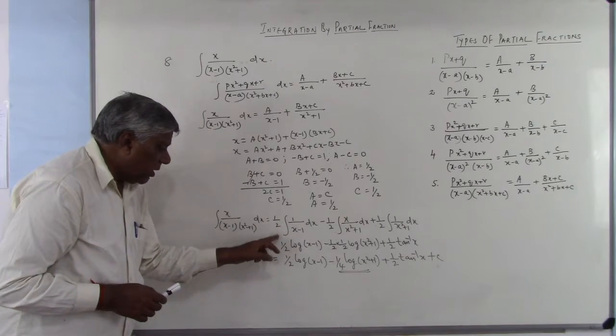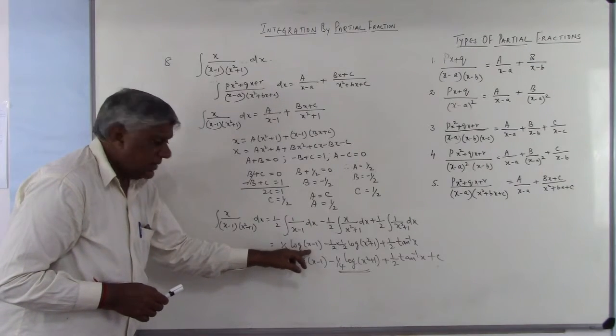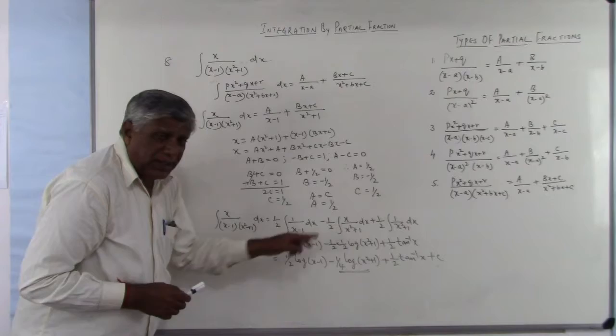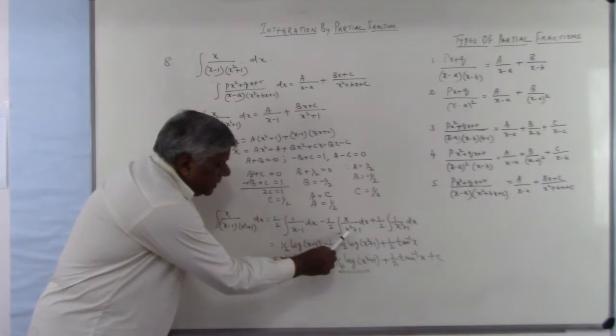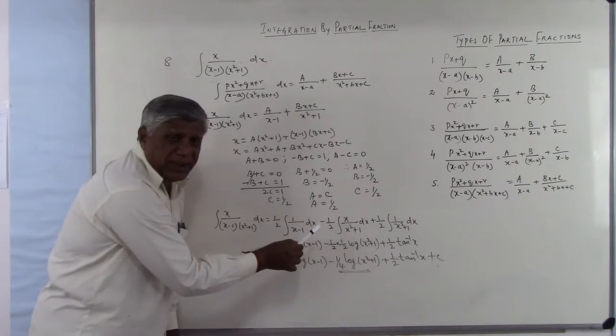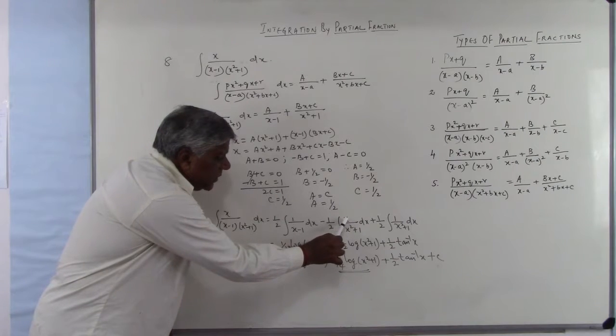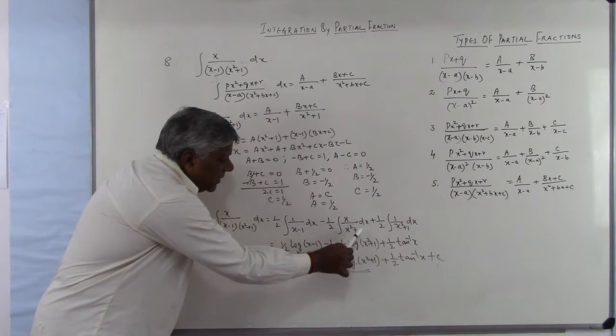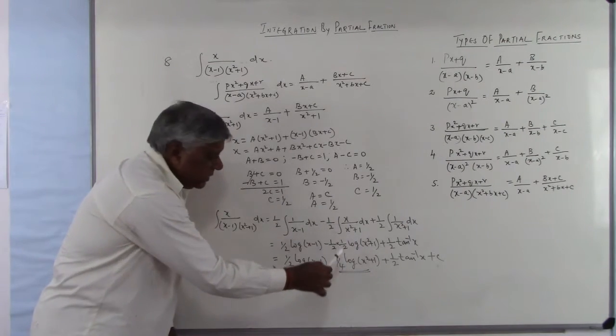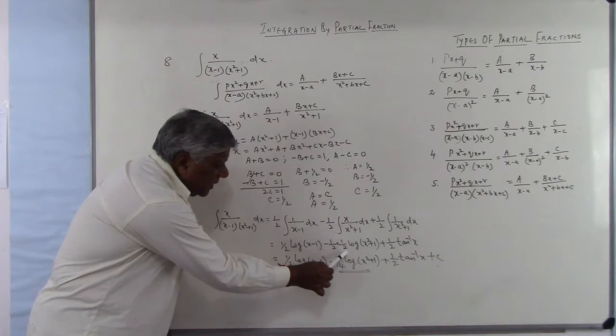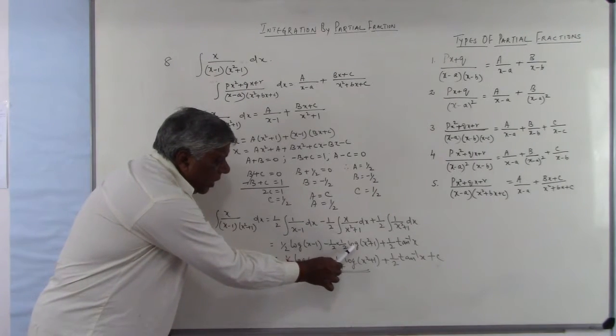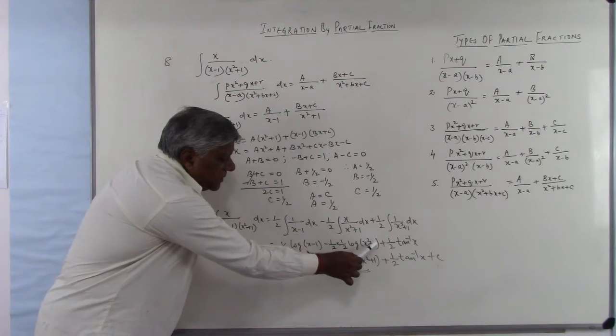Now this is equal to half log of x minus 1 minus half into, here how to solve this? Put x square plus 1 is equal to t. 2x dx is equal to dt. Therefore x dx is equal to dt by 2. That 2 is in the denominator of log t, log of x square plus 1.